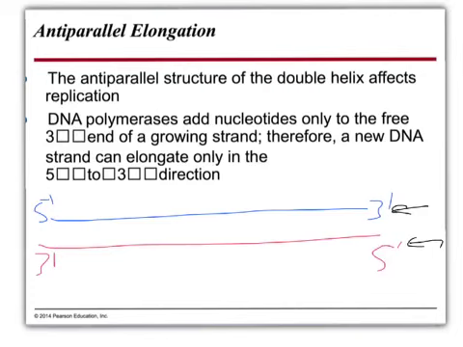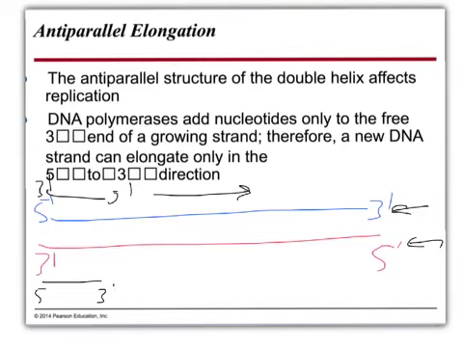What are the primers that are going to be produced on these two strands? On this strand, it's going to be 5' to 3', right? What is a primer that's going to be produced on this strand? 3' to 5', right? So can elongation occur in this direction on the upper strand?